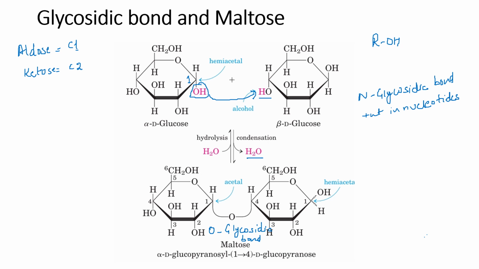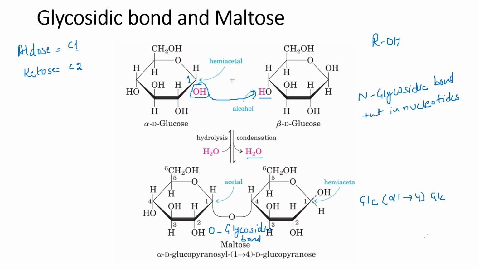Now, when this glycosidic bond is represented, let's take an example of maltose only: glucose alpha 1 4 glucose.